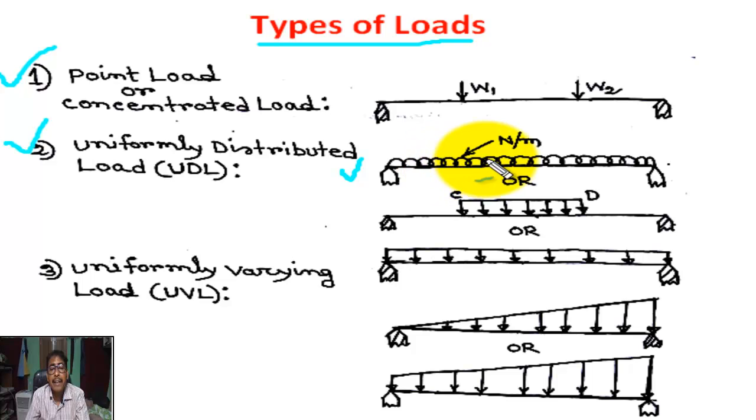UDL looks like this, and it is in Newton per meter. In this case, the simply supported beam is supported at this point and this point, and only this portion, CD portion, carries uniformly distributed load.